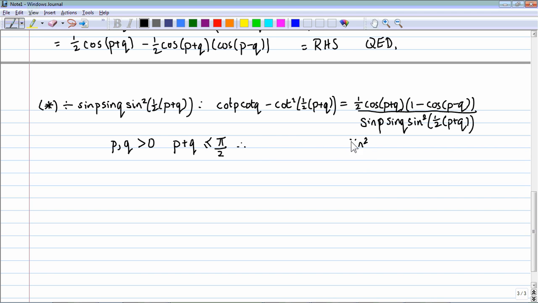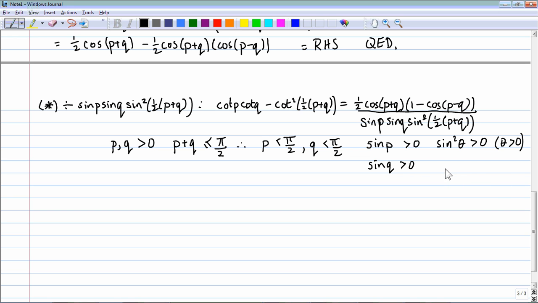Sine squared of a number is always a positive number. Well, it does follow that p is less than pi over 2 and q is less than pi over 2. So in any case, it's obvious that all these terms are positive. Sine p is positive, sine q is positive, sine squared anything is positive, because if theta is positive, theta is not 0.